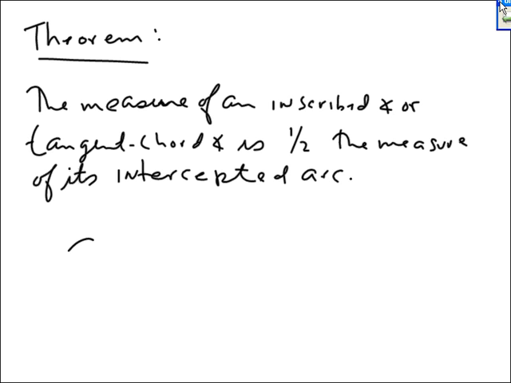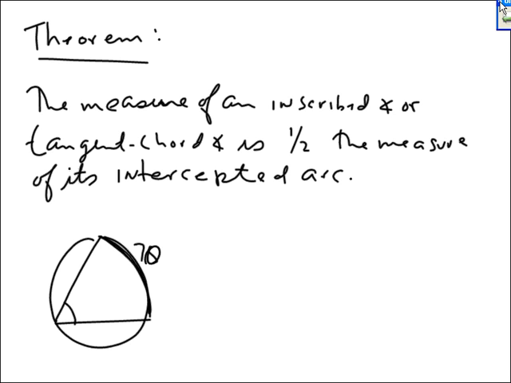For example, if this is an inscribed angle, this inscribed angle intercepts that arc. And if this arc is 70 degrees, then the inscribed angle will be half of it.